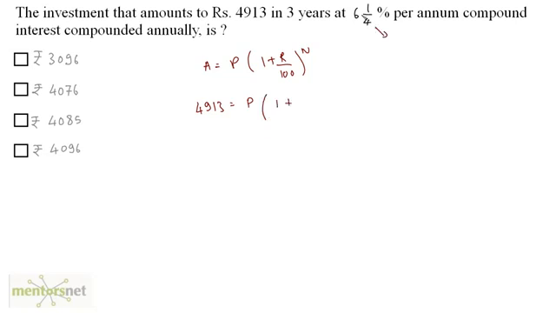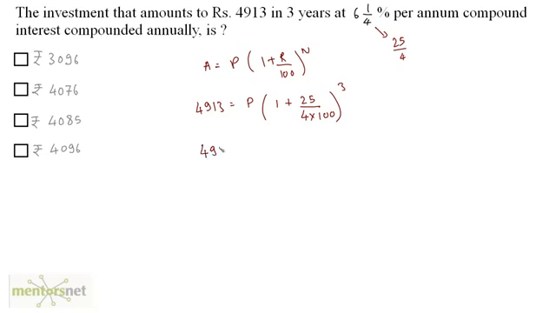Rate is 6 1/4. That's 6 times 4 is 24 plus 1, that's 25/4. So you have 25/4 times 100 raised to N, which is 3, right?